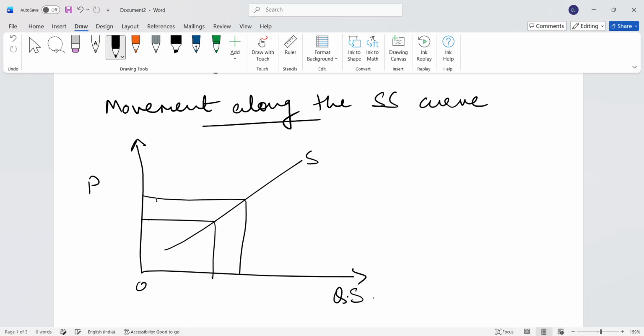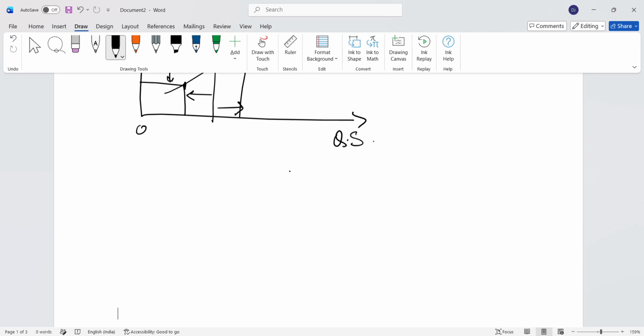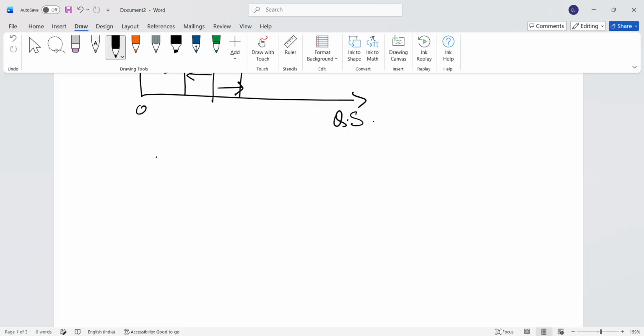If there's an increase in the price, the quantity supplied increases. If there is a decrease in the price, the quantity supplied decreases. So it gives you a movement along the supply curve.